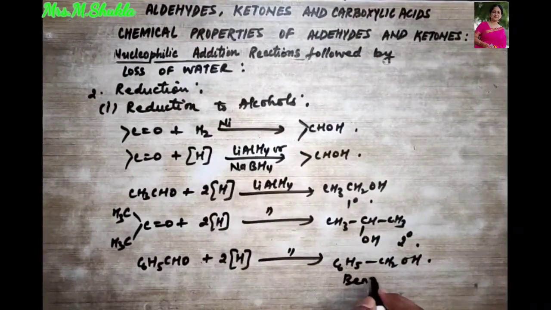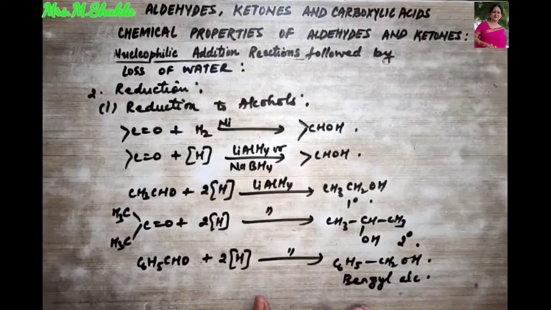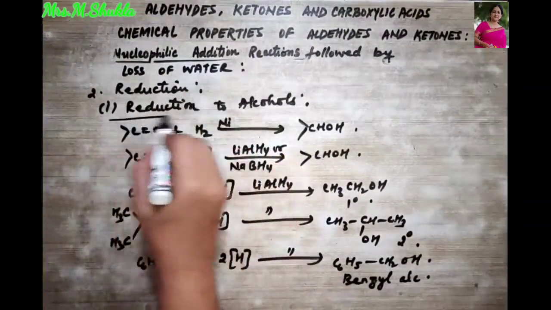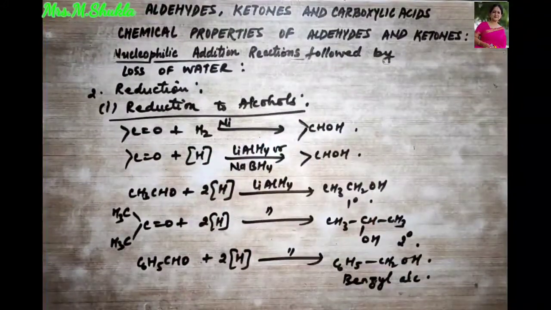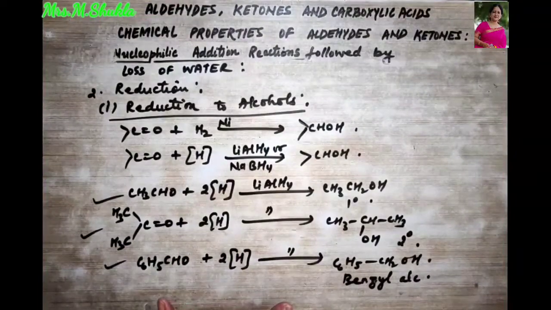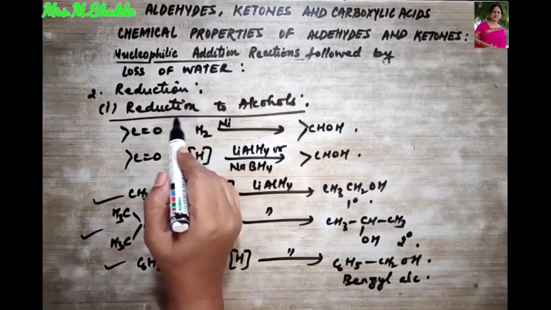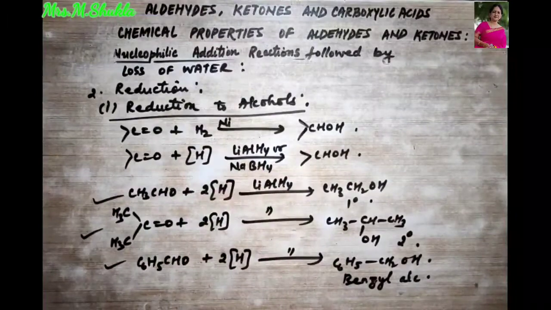This is called benzyl alcohol. Okay, so reduction to alcohols is clear to you by the aldehydes and the ketones, and also by aromatic aldehyde I have shown you this reaction. Now let us move to reduction to hydrocarbons.